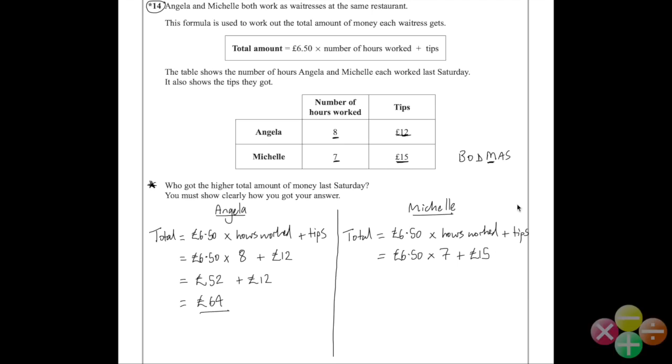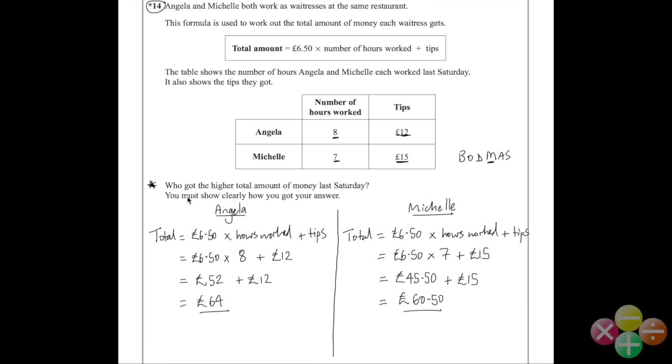So using the same rule with BODMAS, we're going to do the multiplication first, and £6.50 times 7 gives us £45.50. Remember, you can use your calculator to work that out. And we're going to add on to that £15. So for Michelle, £45.50 plus £15 is £60.50. So that's how much she got in total.